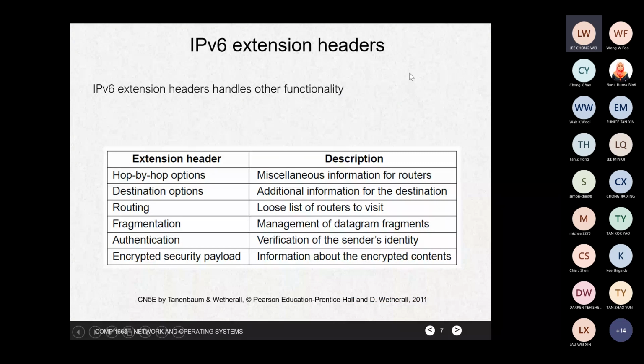IP version 6 extension headers, meaning what are the additional things in IP version 6, such as hop by hop option, from router to router, hopping from router to router, that is built in version 6. Destination option is built in, routing details is built in, allows fragmentation, authentication, and encryption. All these are built in into version 6. Some of these features are not in version 4.